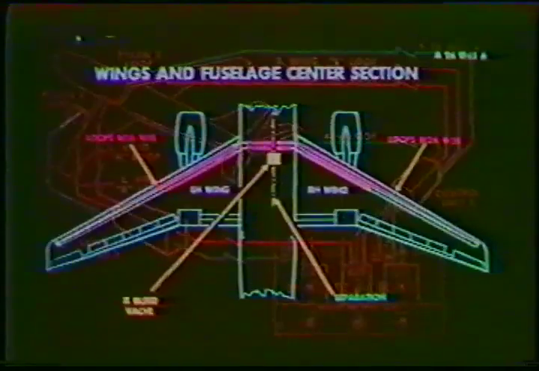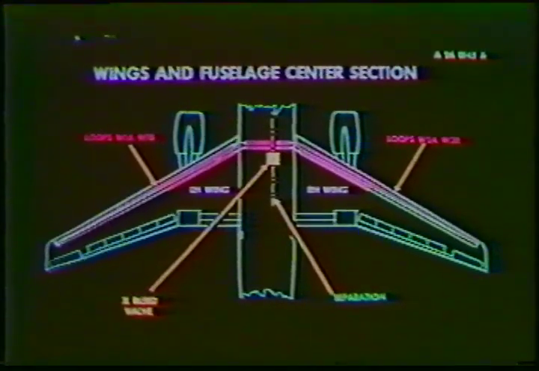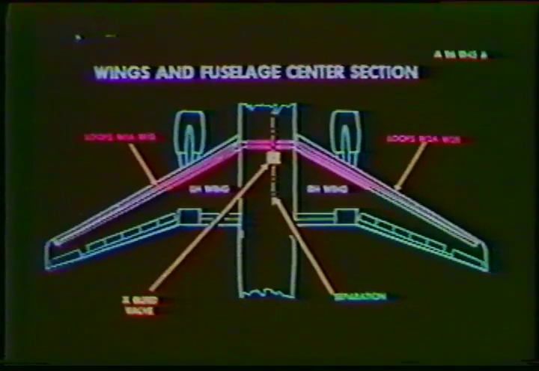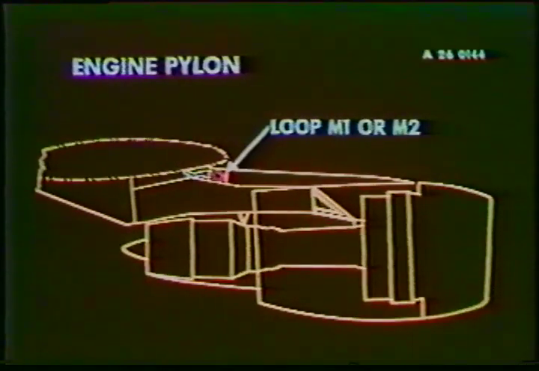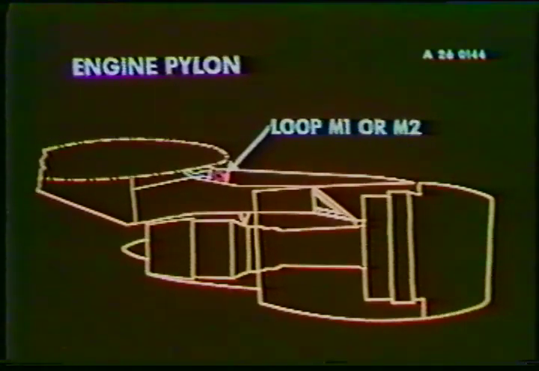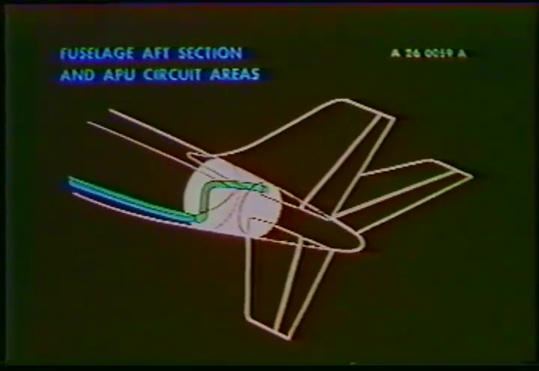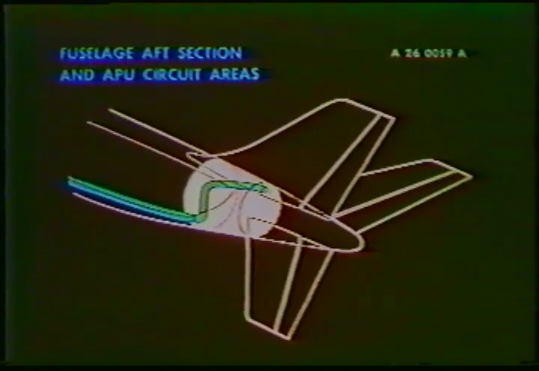The manifold in the wings is monitored by 2 dual loop systems, one A loop and one B loop. All the other zones are protected by single loops. There is also one single loop in each pylon. And there is one single loop monitoring the APU supply duct from the APU to where it joins the wing manifold.